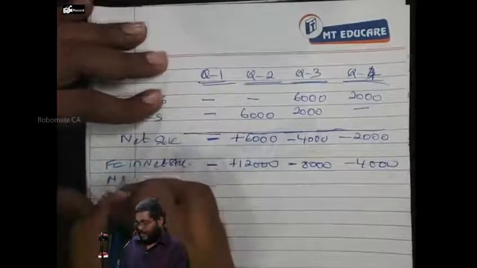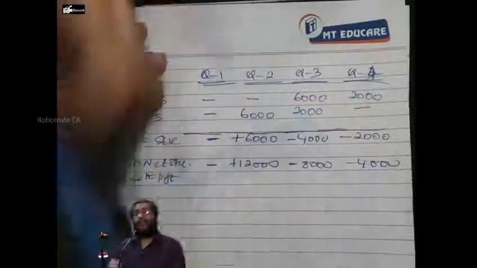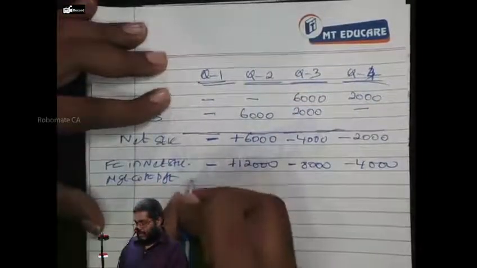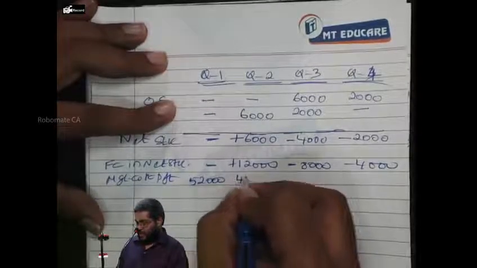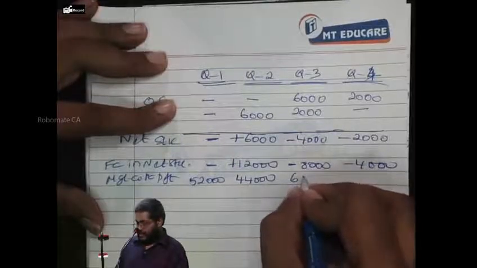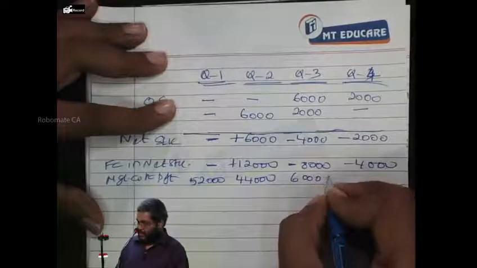Okay, next. Marginal costing profit. You look at your notebook and tell me the profit under marginal costing. First quarter, what is the profit under marginal costing? 52,000. Second quarter, 44,000. Third quarter, 60,000. Right?